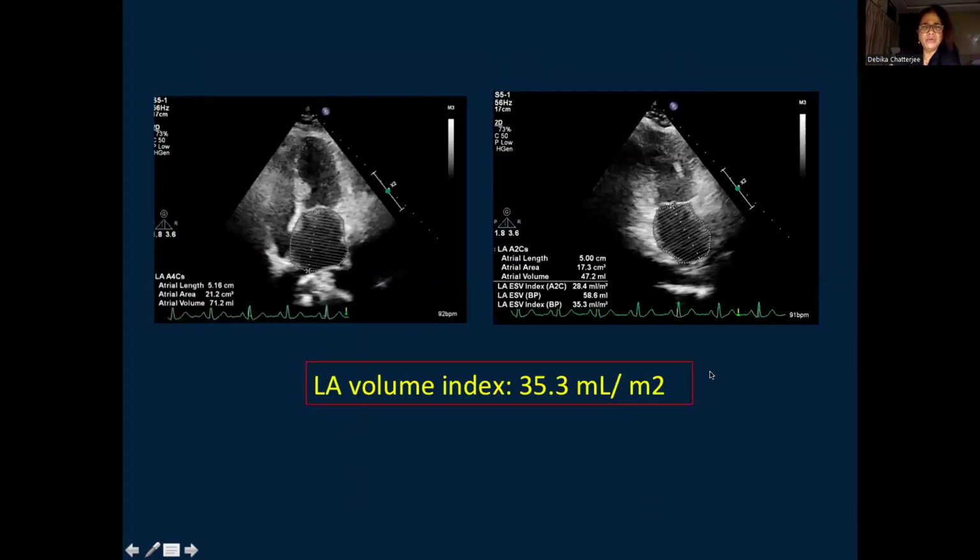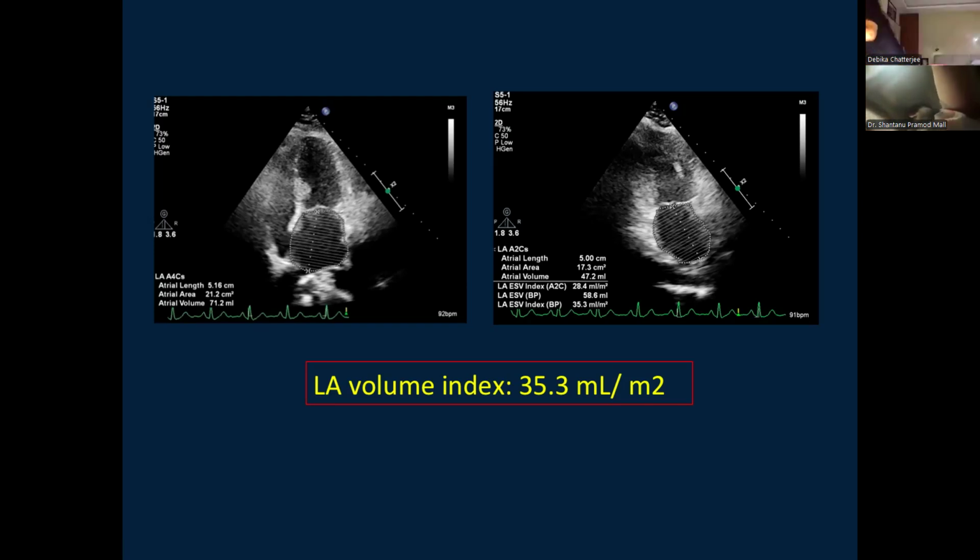But as we go to measure the LA volume index, we find that the LA volume index is 35.3 ml per square meter using this summation method from the 4-chamber and 2-chamber views. So this is the fallacy. We cannot only measure the LA anteroposterior diameter. We need to practice this every day in the lab.